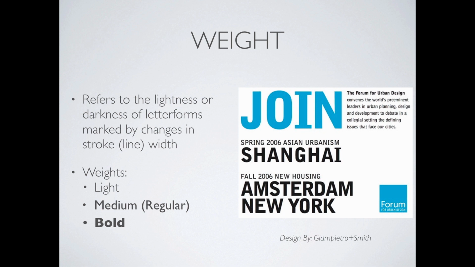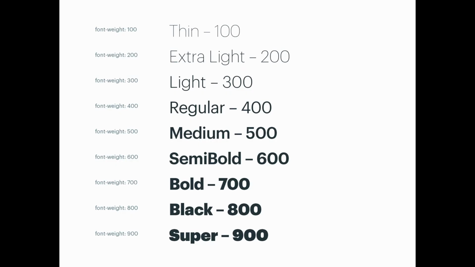Weight. Weight is about the relative lightness or darkness of the letters themselves, and that's generally marked by changes in the width or the stroke of the lines that make up the letters. So the thicker they are, the heavier those letters are, the darker those letters become. We have usually light, medium, and bold weights to a given font.